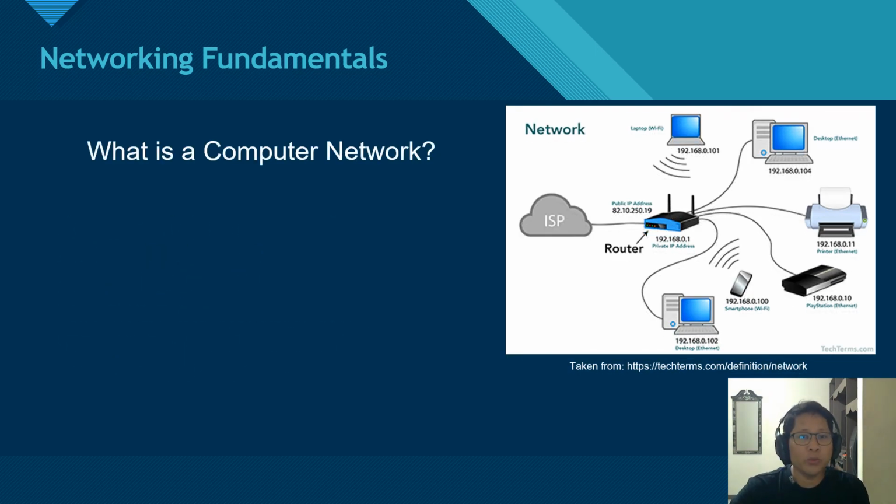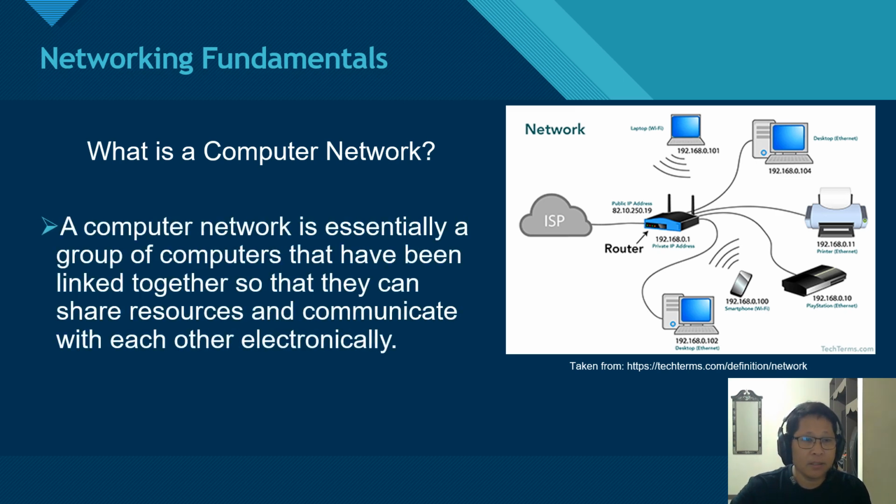What is a computer network? A computer network is essentially a group of computers that have been linked together so that they can share resources and communicate with each other electronically. These computing devices can be connected in a number of ways, such as through cables or wireless connections, and the connections can be established within a single building, across multiple buildings, or even across different continents.